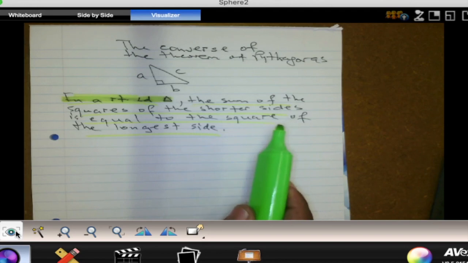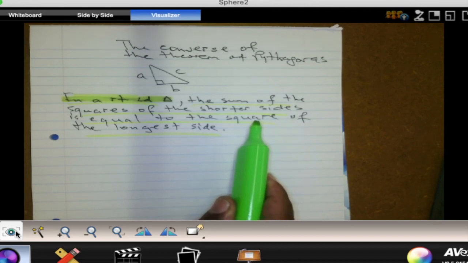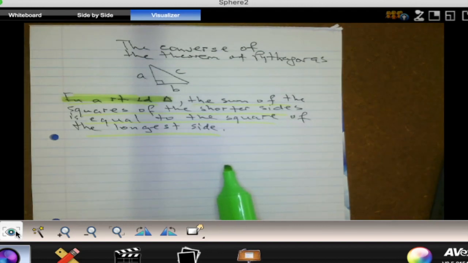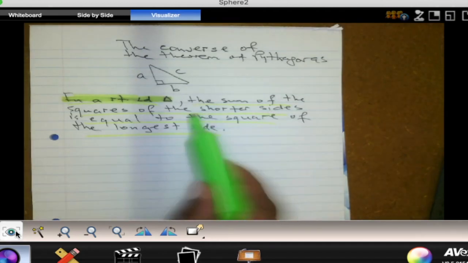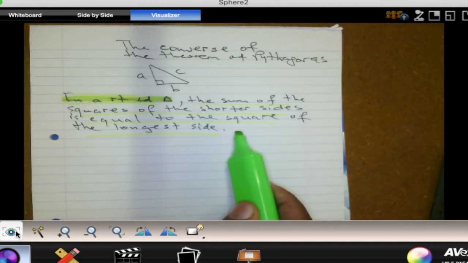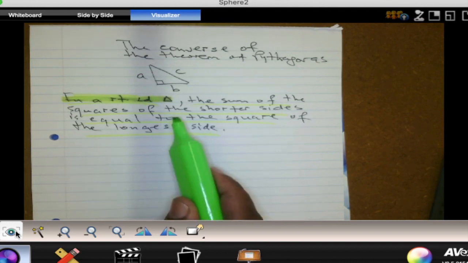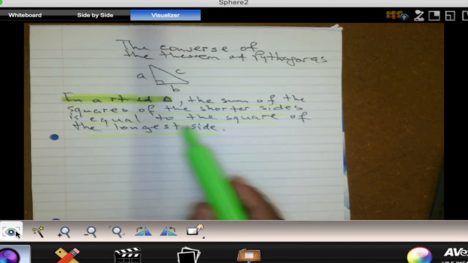And now tell me, if this happens, then what do we know? Then we know that that is a right-angled triangle, right? Because this here only happens in a right-angled triangle. So if you meet a triangle and all this happens, then you need to conclude that that is a right-angled triangle. So that is kind of the reverse.